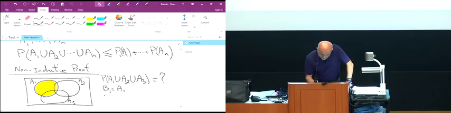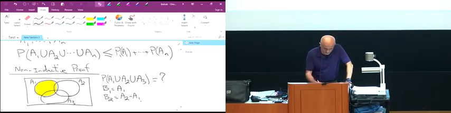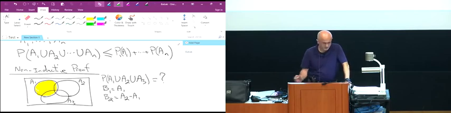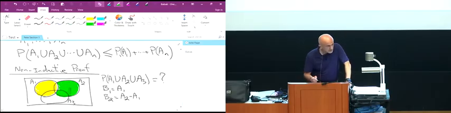I'm going to start with the first indexed set. I'm going to define my set B2 as A2 minus A1. That would be this green region here, right? A2 minus A1. Everybody with me?